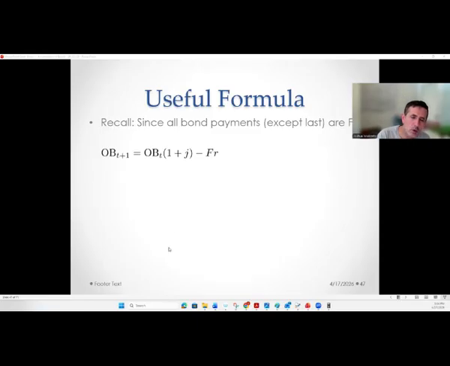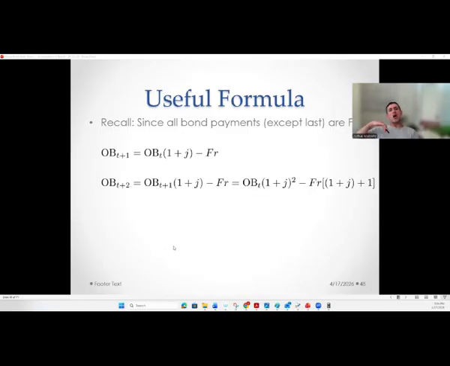Okay? Now, what we did before was solve this recursion, but we solved it going all the way back to our initial condition, which, of course, OB_0 is the loan amount. At the beginning of the loan, you owe that. What's important for these amortization problems is not really solving the recursion, but getting a recursive formula for OB_{t+k} for some k in terms of OB_t.